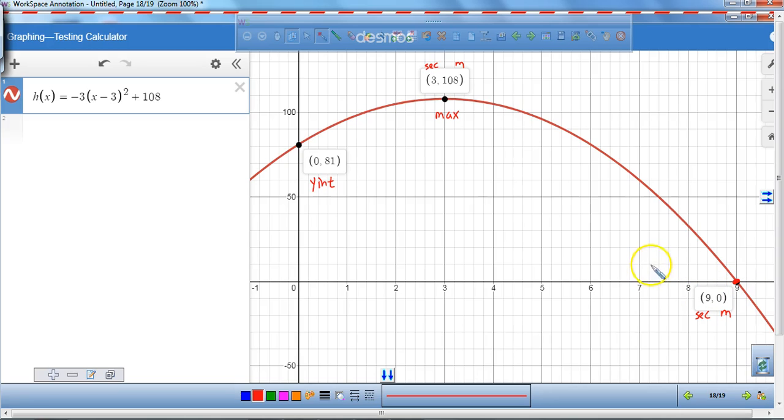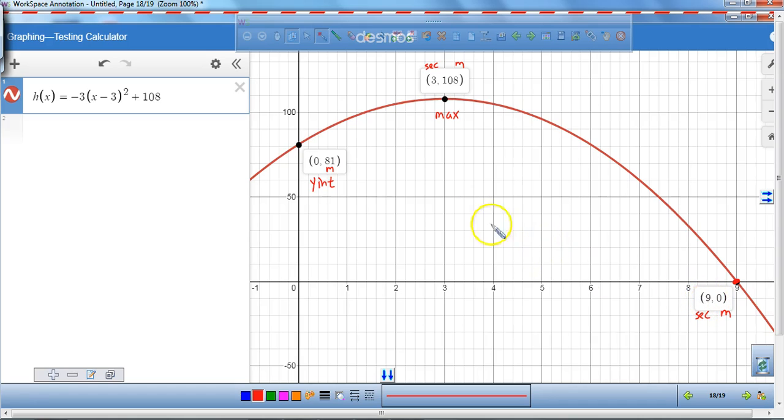So what I need you guys to understand is the questions are going to be asking about, like, what was the height at the time of takeoff? At the time of takeoff, the height was 81 meters. Over here, this represents the maximum. How long did it take to reach its maximum height? 3 seconds. What was its maximum height? 108. How long did it take for it to hit the ground? 9 seconds.